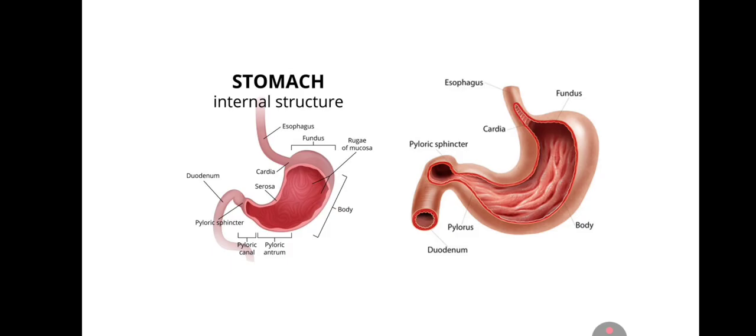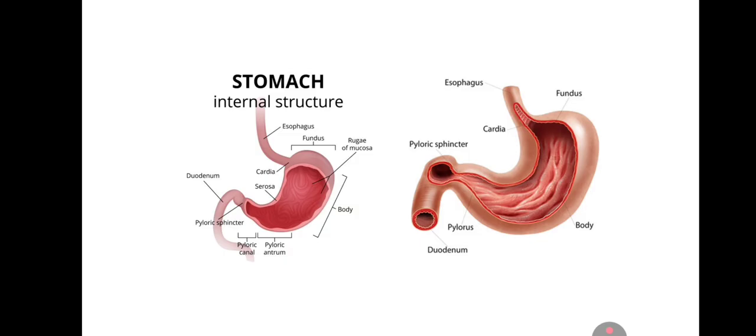When these food particles coming through your esophagus enter into the stomach through the cardiac sphincter, after that, this food is converted into a paste called chyme with the help of the gastric juice. So there are some longitudinal folds in the stomach. They are called the rugae.